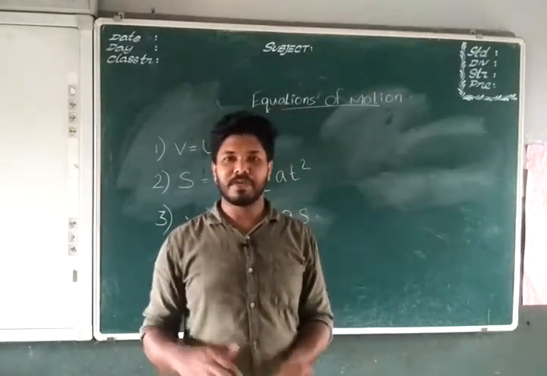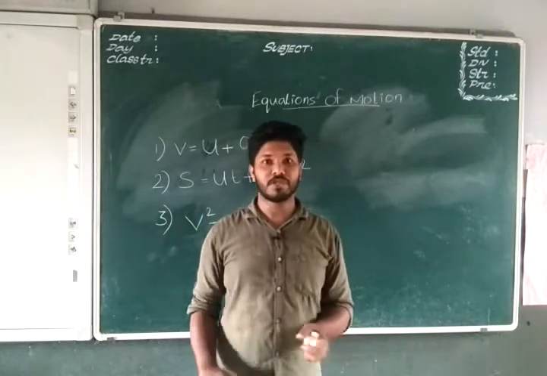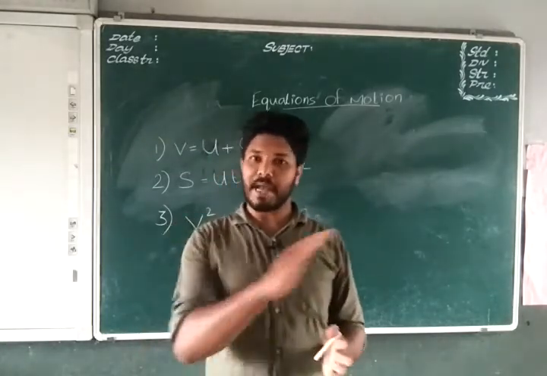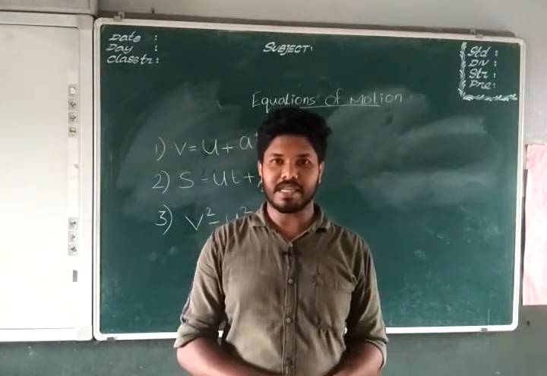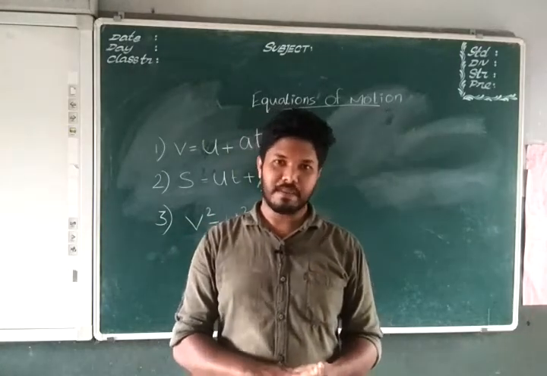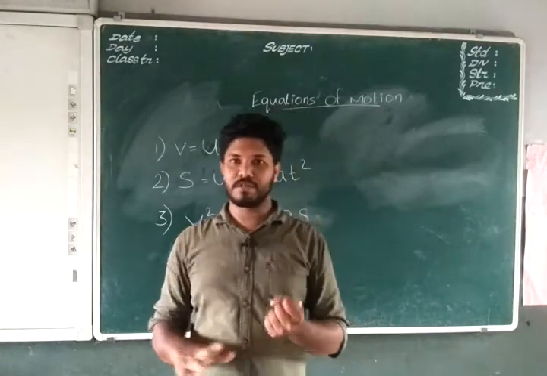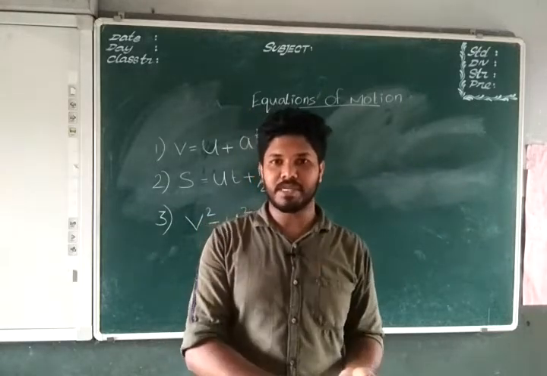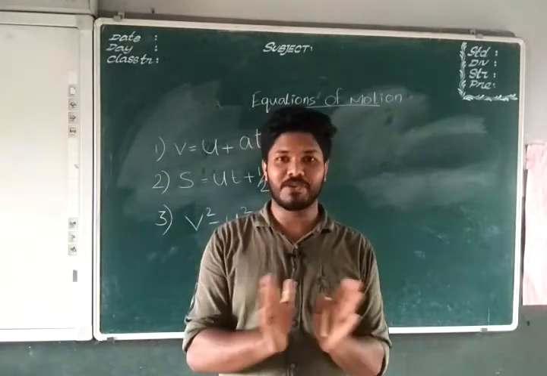Suppose a body is moving in a straight line with uniform acceleration. Then we can establish a relationship between the acceleration, velocity, time and the distance traveled by the body by using a set of equations.